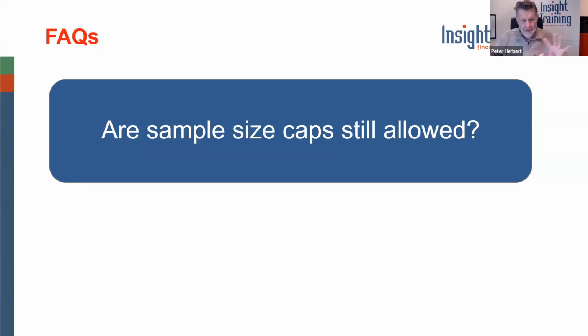There's definitely some very good statistical theory that underpins why caps do still work, can still work. And as far as I'm concerned, if that forms part of your methodology, as long as you've made the case, I'm really happy with that. So that, I think, probably is the number one question we get on that area of sample size caps. Yes, if you're using a capless system, then it might be that your sample size calculator comes up with a really, really big number.